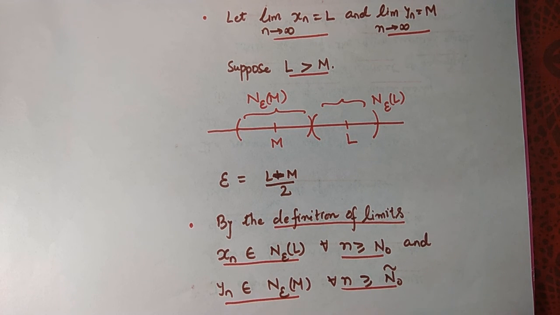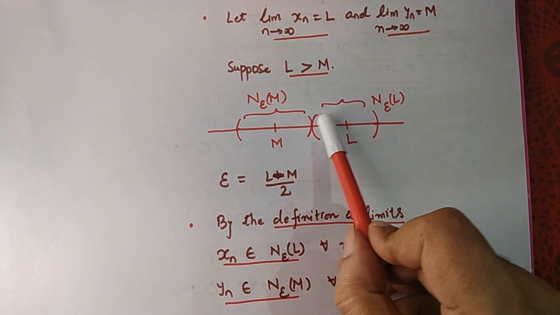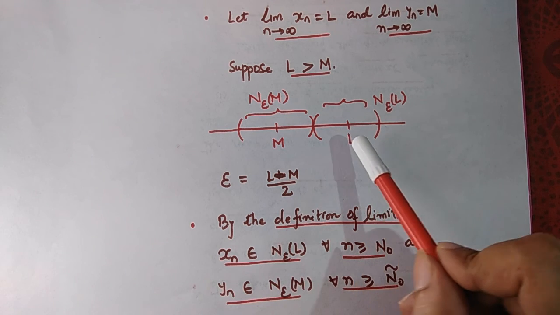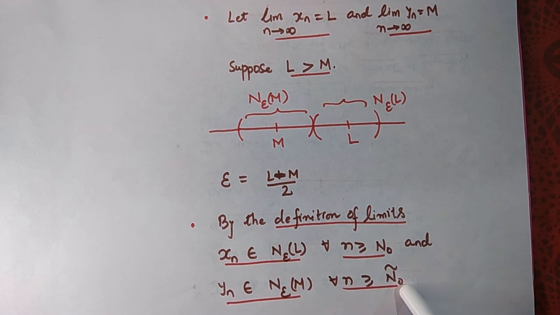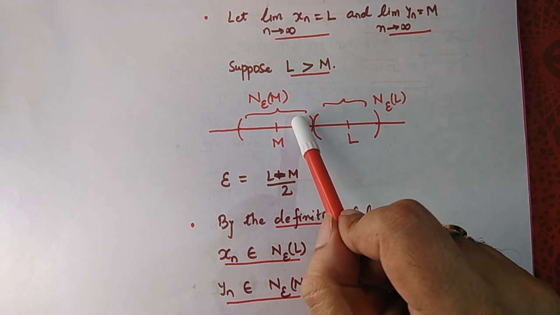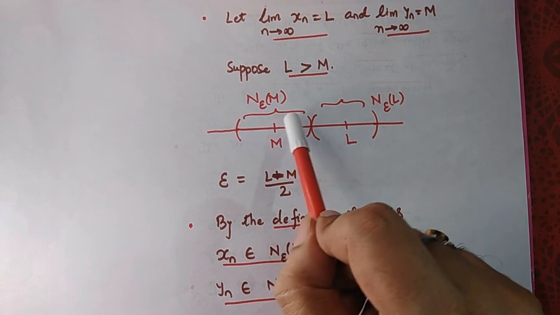This means that for all n greater than equal to n naught, xn lies in this interval, and for all n greater than equal to n naught tilde, yn lies in this interval.